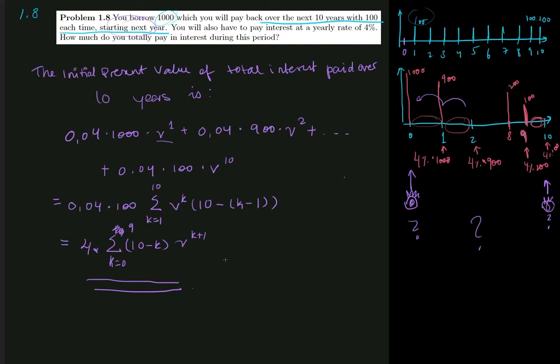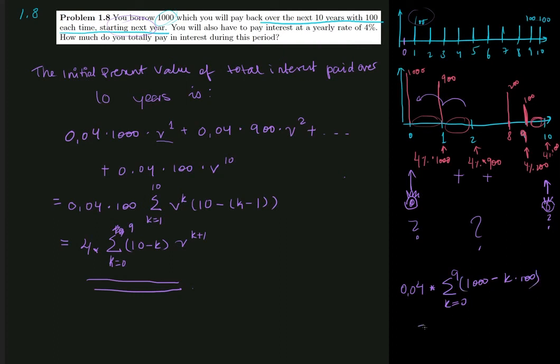There is also a more crude way of doing this where we just say, well, let's just add these numbers together, in which case you just have 0.04 multiplied by the sum of k going from 0 to 9 of 1000 minus k times 100.